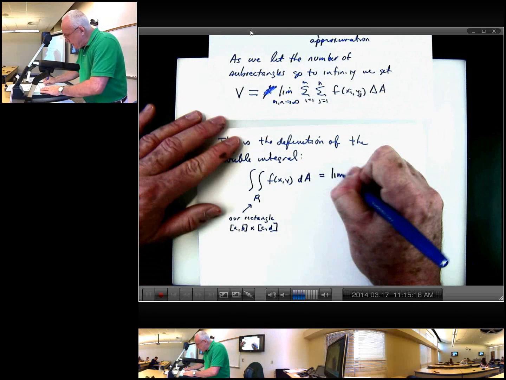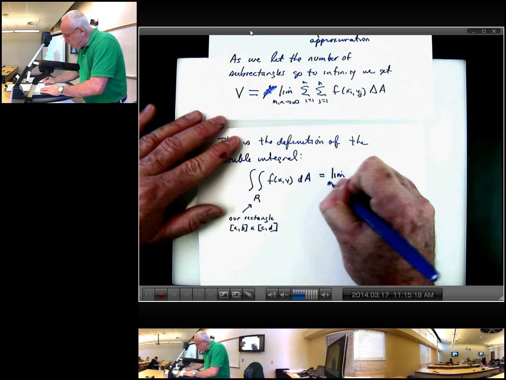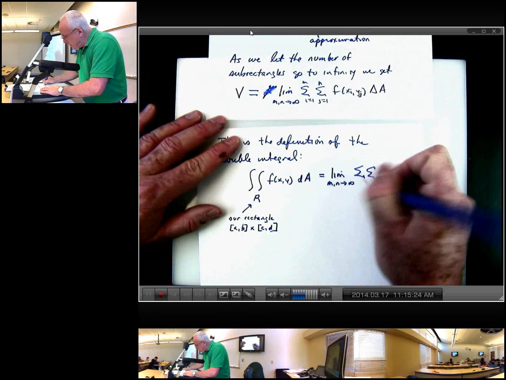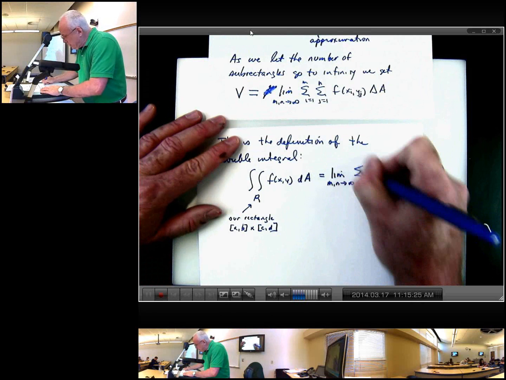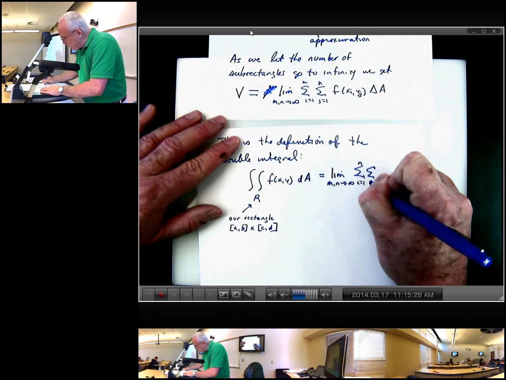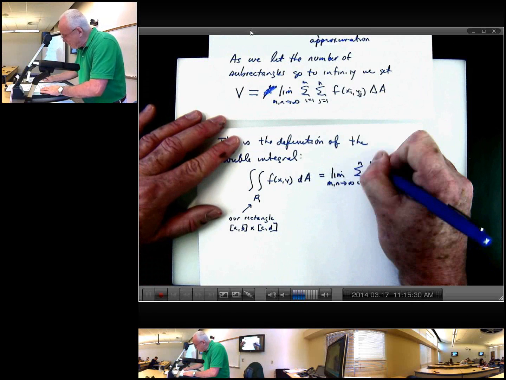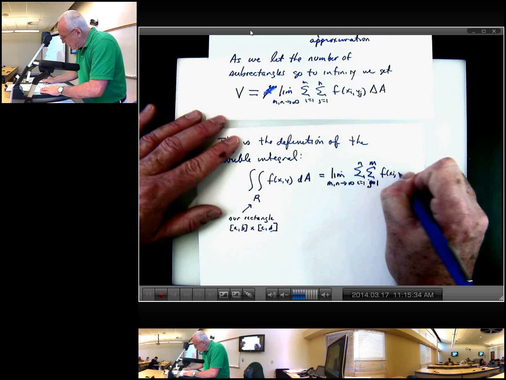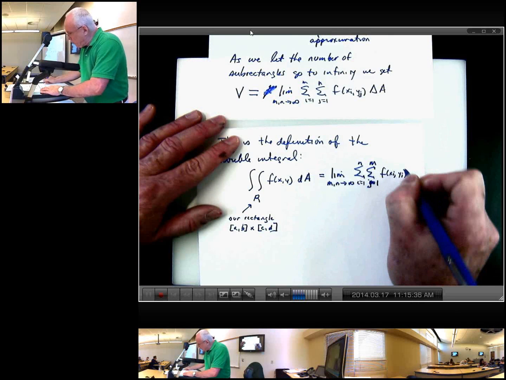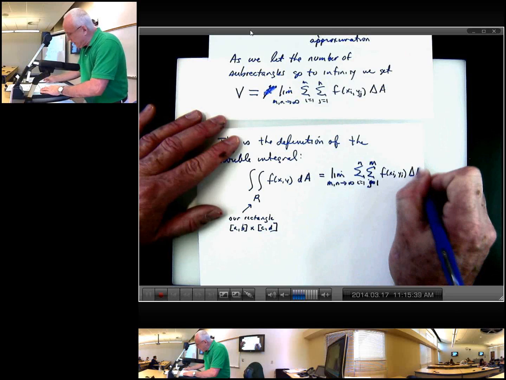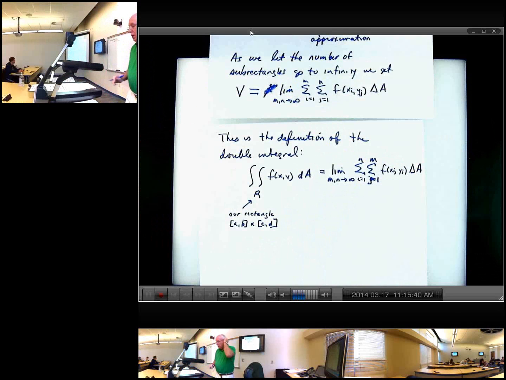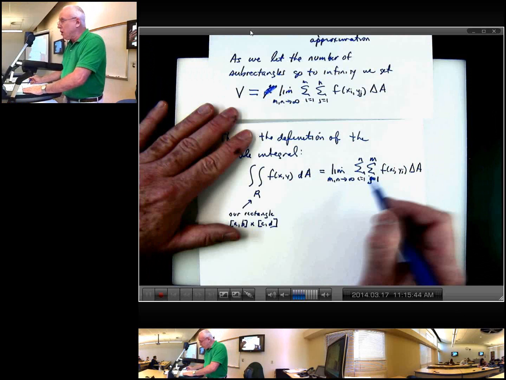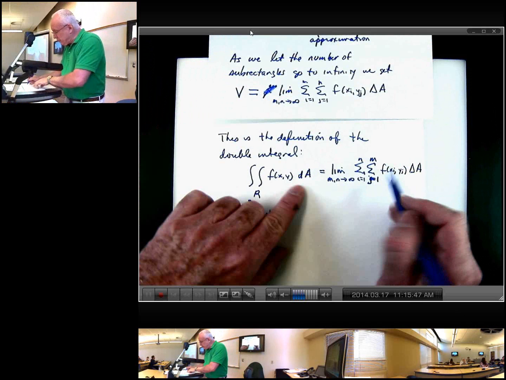The limit as both m and n go to infinity of a double summation, i equals 1 to n, j equals 1 to m, of our function at x_i, y_j times delta A. What you see here is some correspondences that you saw in first semester calculus.